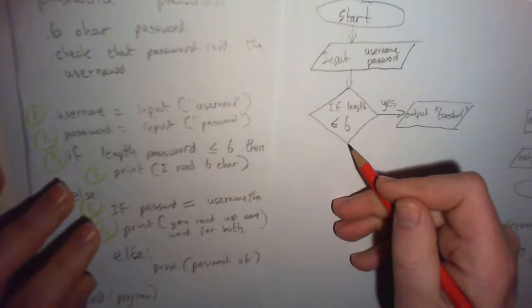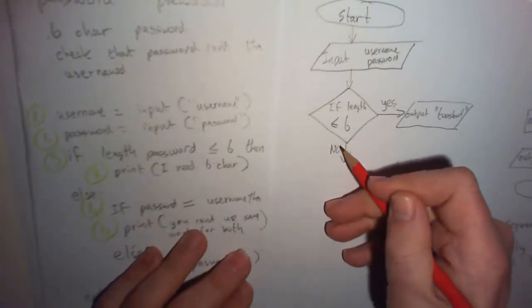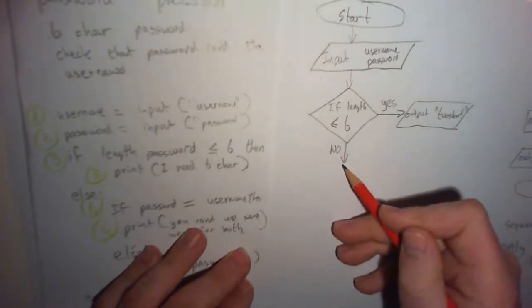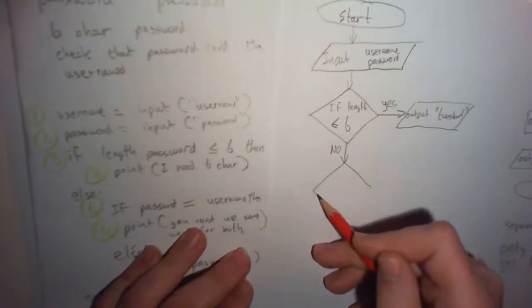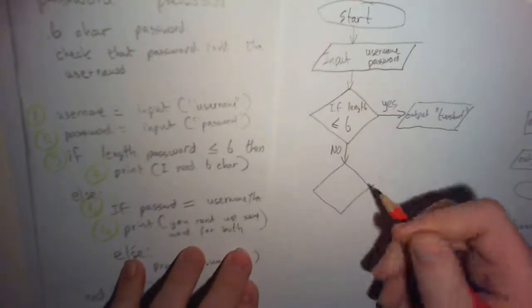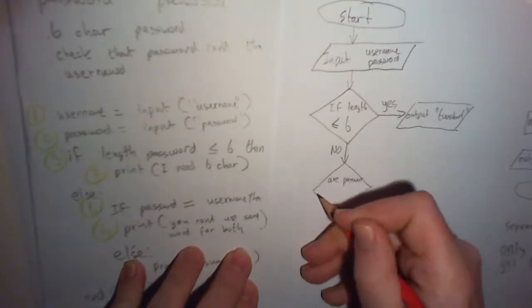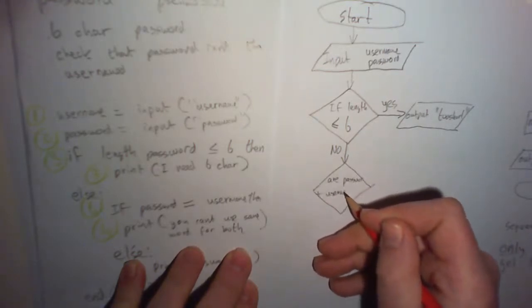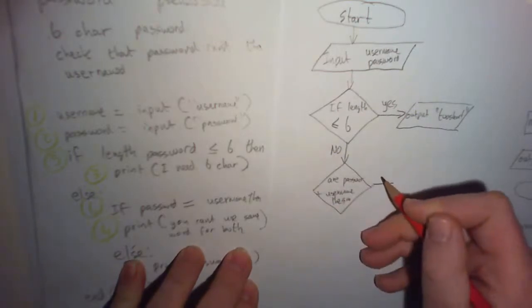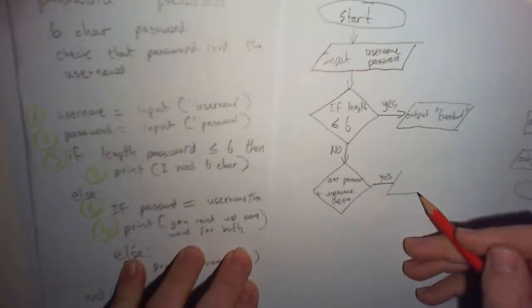And what happened if it wasn't less? So if it's no, well then we had another decision, didn't we? We had to check that the password was not the username. Are our password and username the same? And if it's a yes, well, same thing.